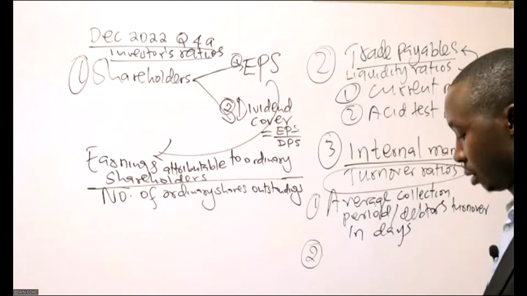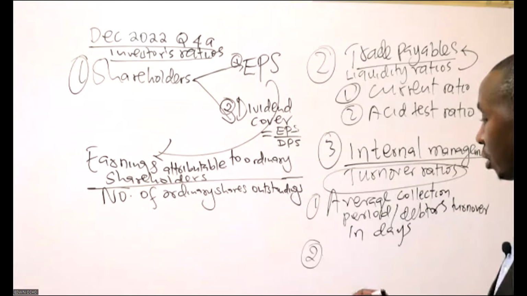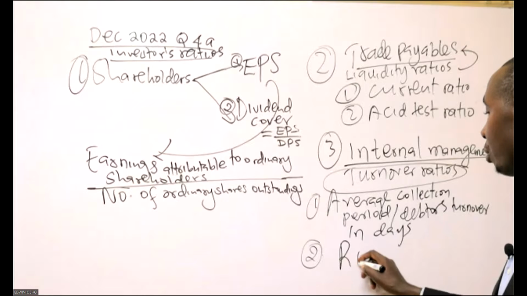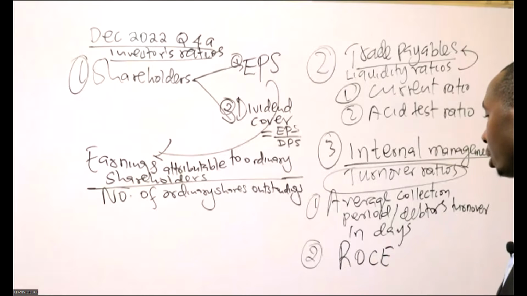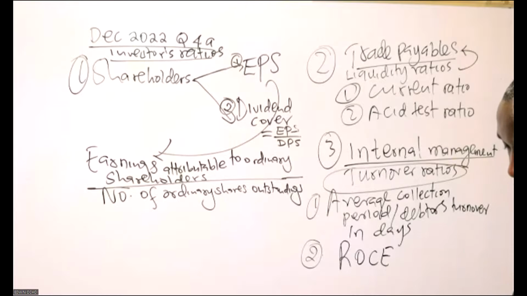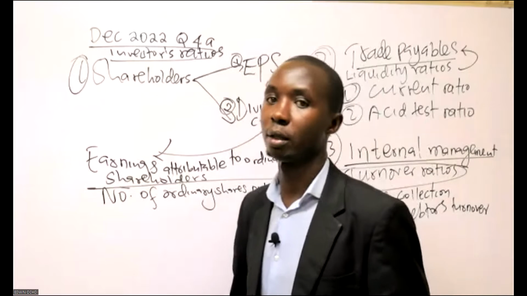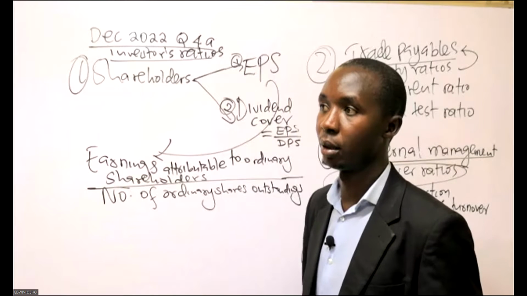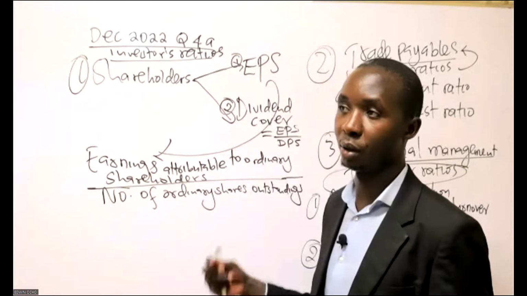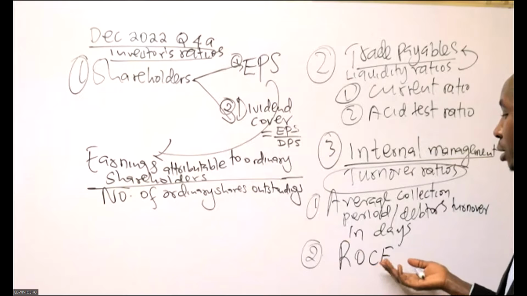Another one? Inventory turnover, but I would like you to do the return on capital employed. This one would apply well here. So you look at the profitability. For the company to do well, obviously the management must contribute a bit.